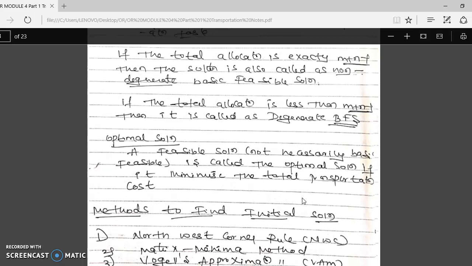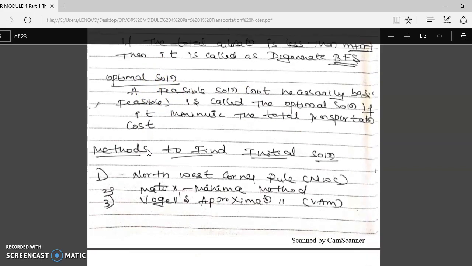Once we obtain the solution, to obtain the final solution we go for the optimal. In the exam, for 5 or 6 marks, we get to solve the problem by using northwest corner, matrix minimum or Vogel's approximation method.